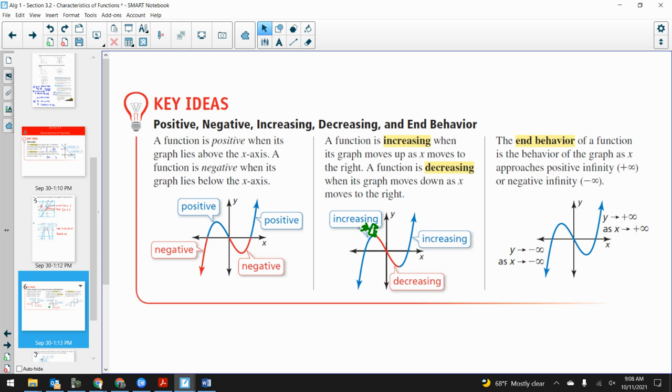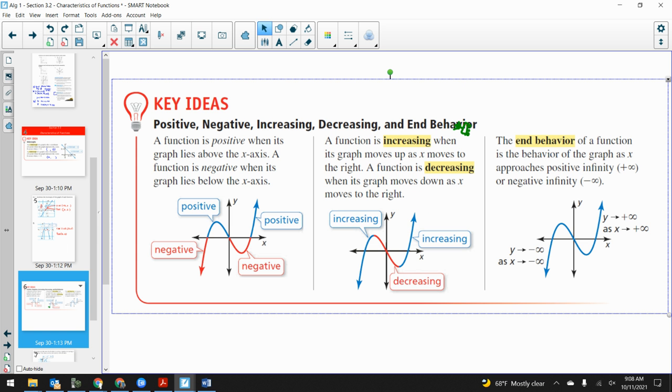Uh-oh, he's going to stay like that, like popping a wheelie now. Whoa! Decreasing. And then he goes chug, chug, chug, increasing. Up to the sun. So every time that guy in the roller coaster is going up the hill, it's increasing. Every time it's going down the hill, it's decreasing.